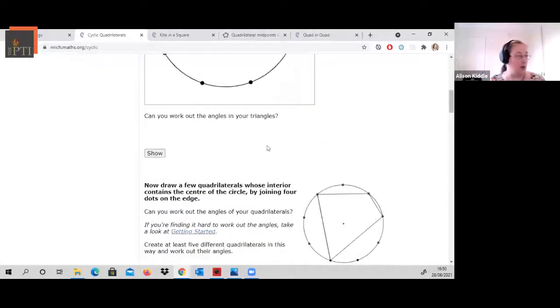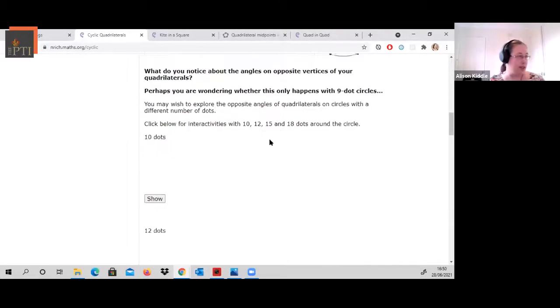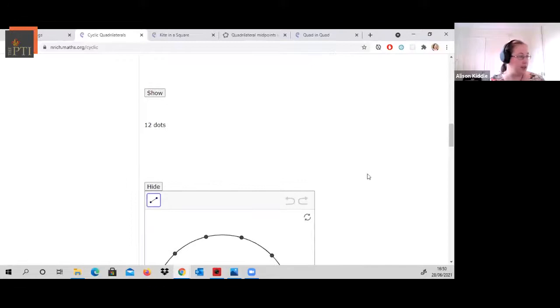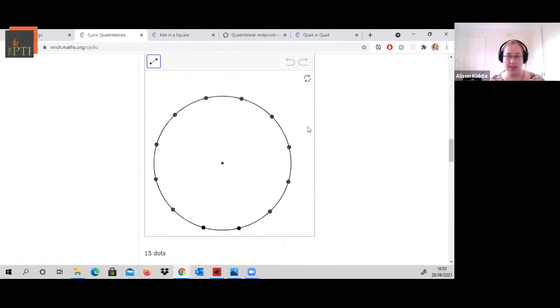So one question that I quite like to ask is, using a 12-point circle, which is this one just here, how many different rectangles can you find? And so if I join that point to that point to that point, and like that, that looks like it's a rectangle, but can I convince myself that it's definitely a rectangle?